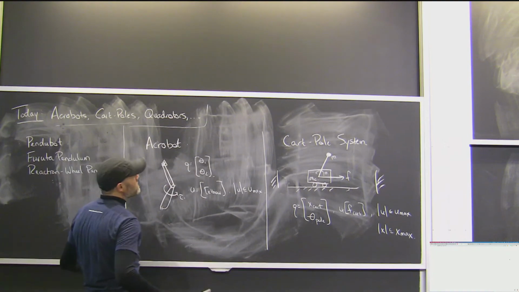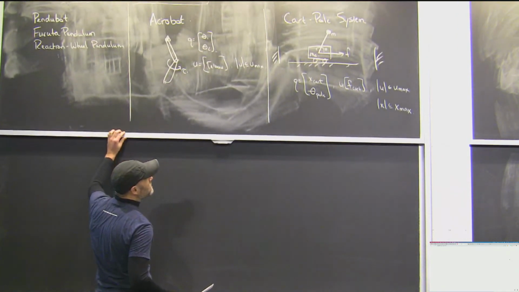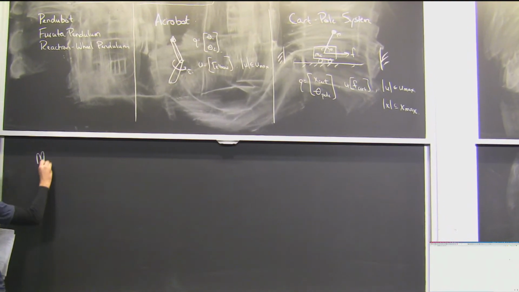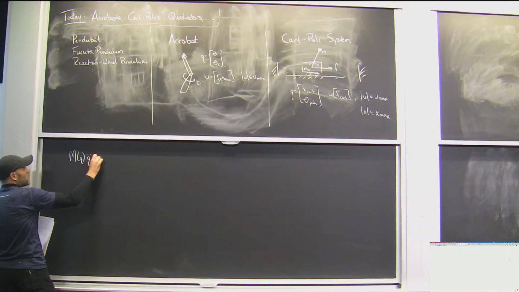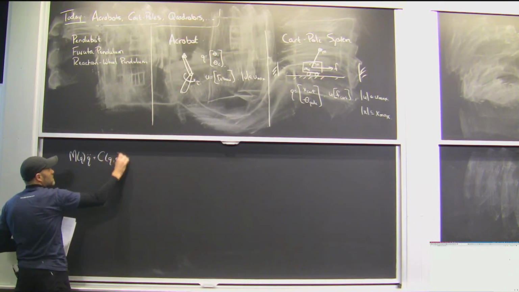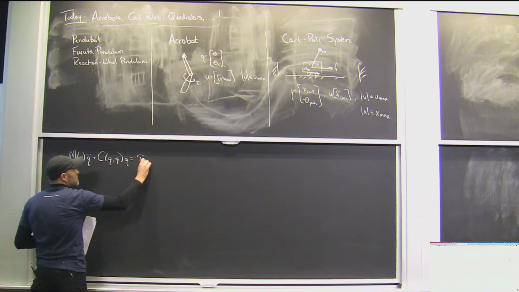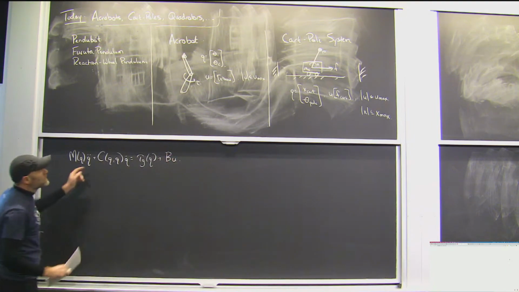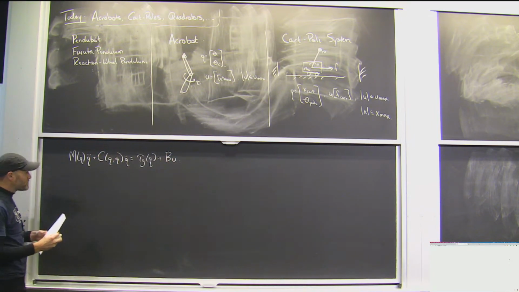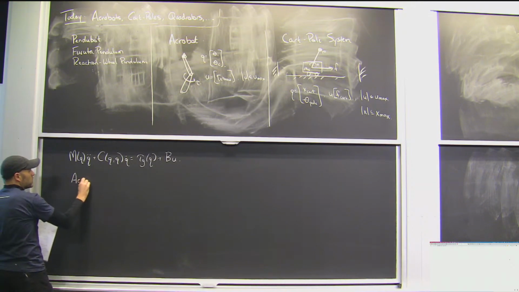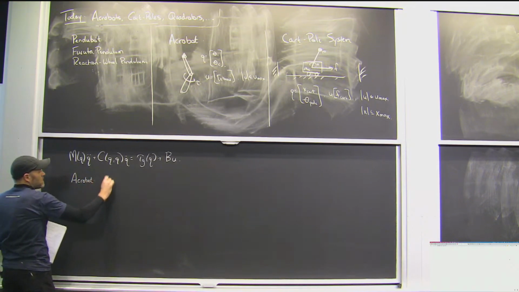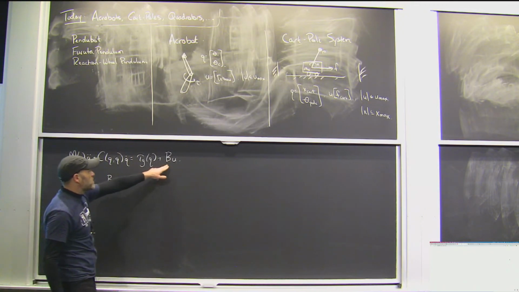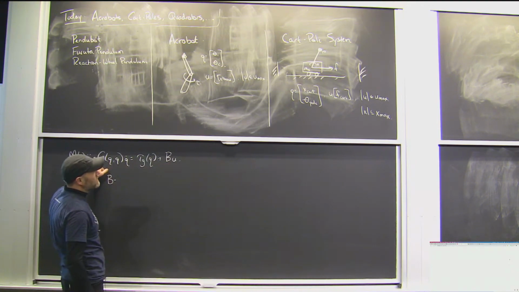Okay, so the equations of motion for both of these are the standard manipulator equation form, right? So Q I've written up there, U I've written up there. For the Acrobot, B is applying only an actuation to the second acceleration.